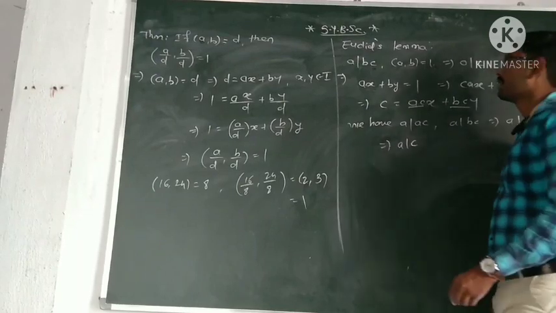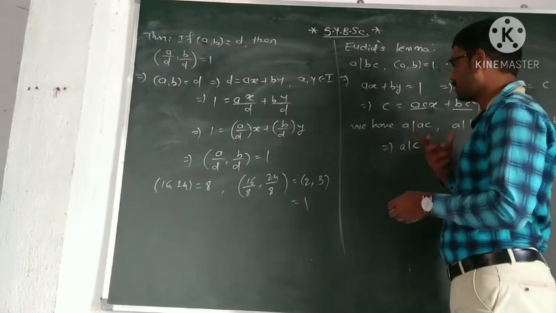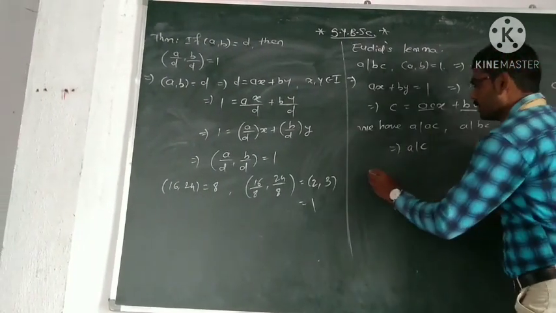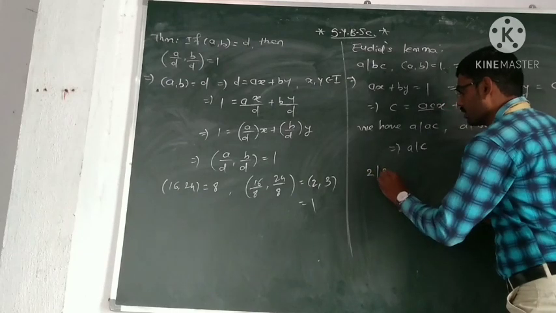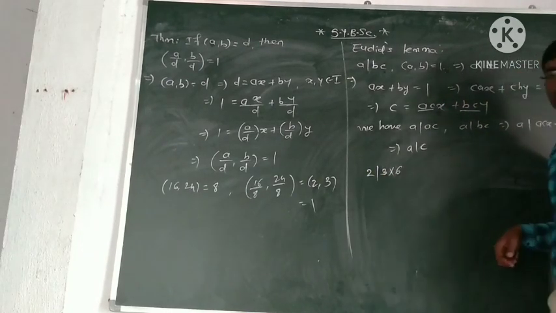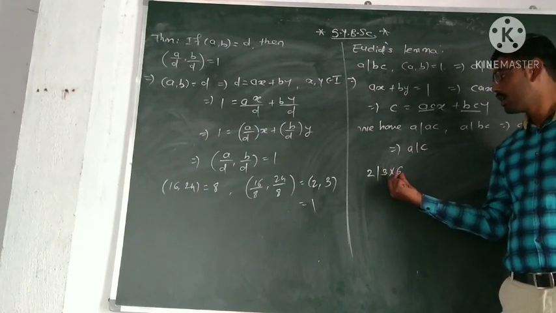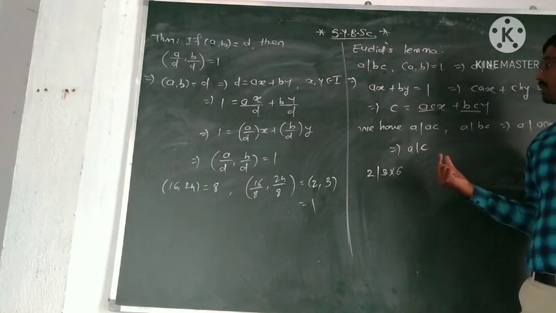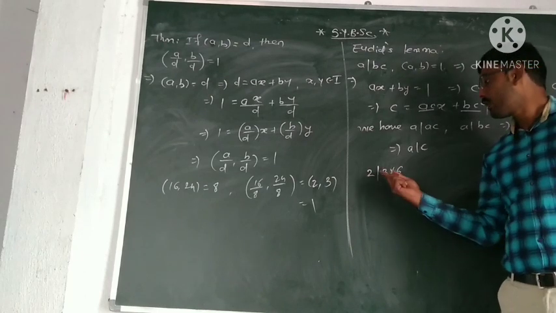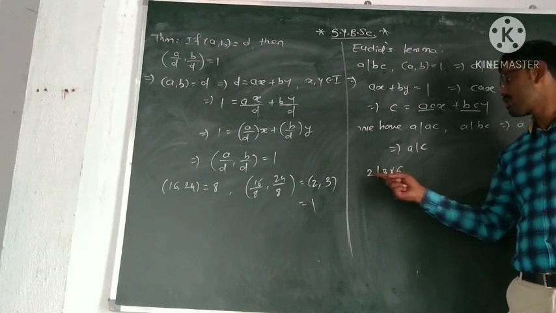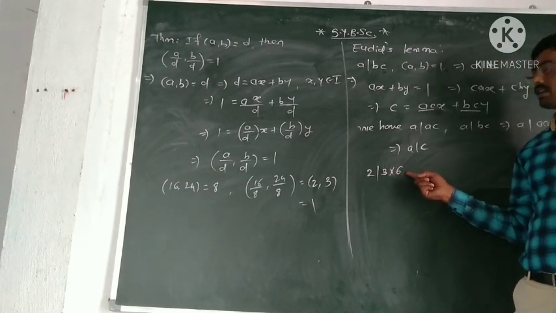Why? Suppose there is an example. 2 divides 3 into 6, that is 2 divides 18, where 18 is equal to 3 into 6. But GCD of 2 and 3 is 1. So 2 must divide the other remaining part, and the remaining part is 6.